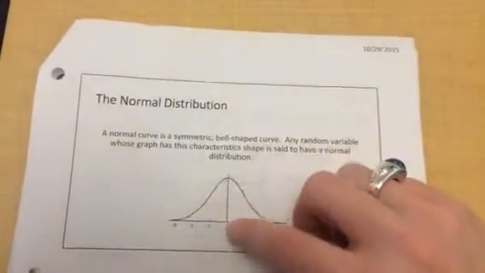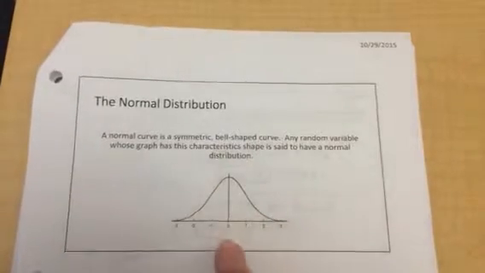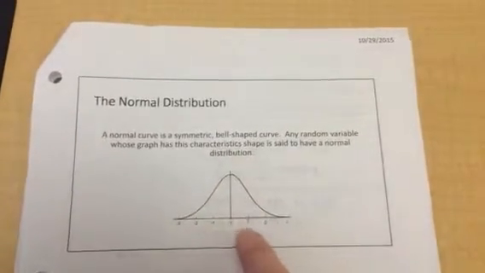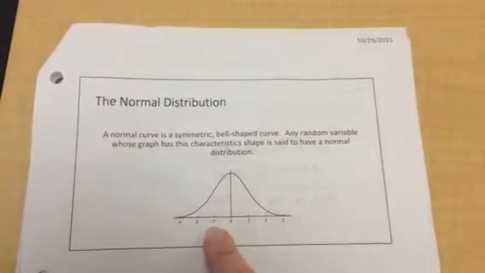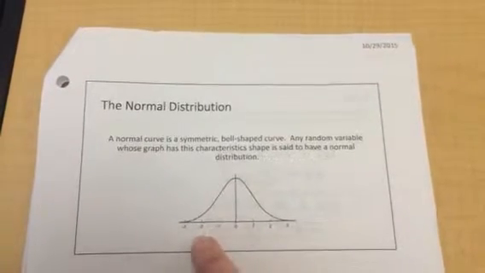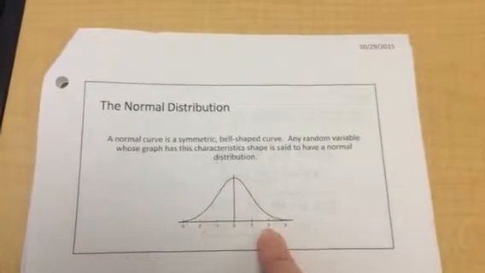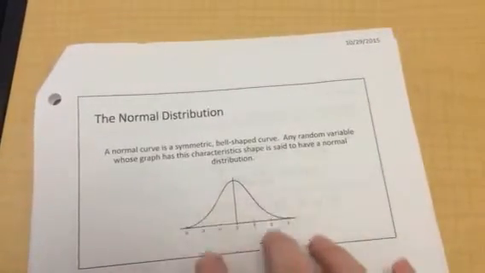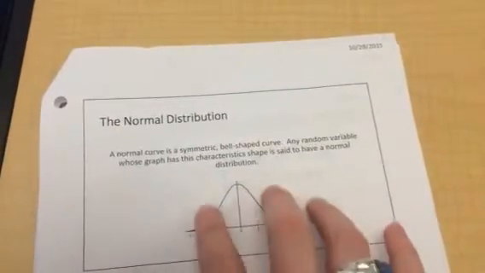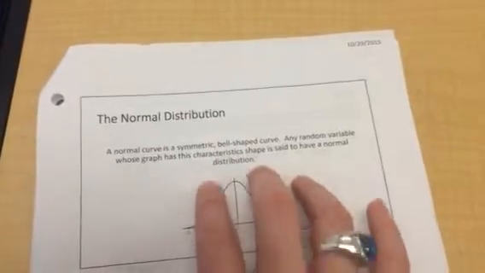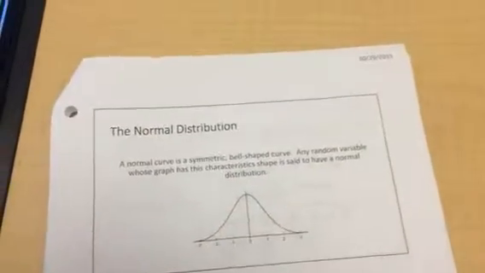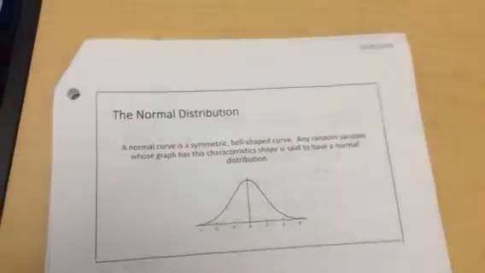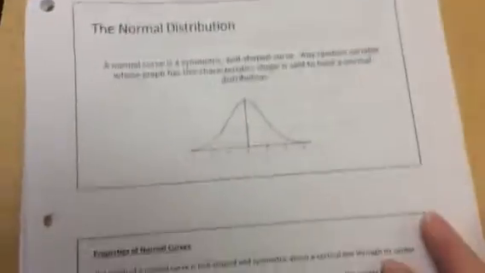This line in the middle represents the mean, and then these numbers represent the standard deviation. So this is 1 standard deviation below the mean, 2 standard deviations below, 1 above, 2 above. Most of our data is within 2 standard deviations, and more than half is within 1 standard deviation, right?